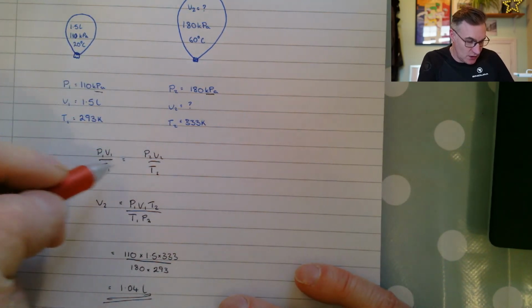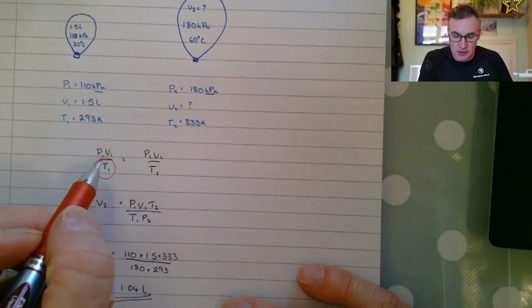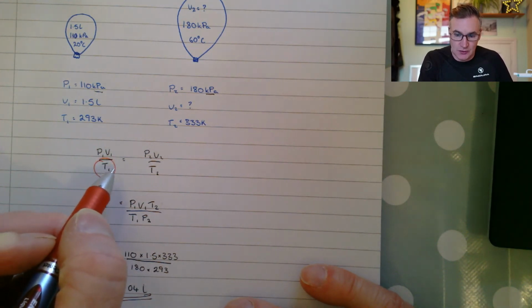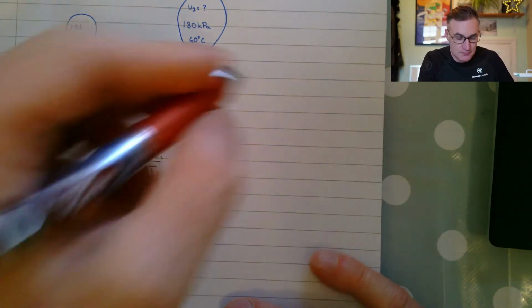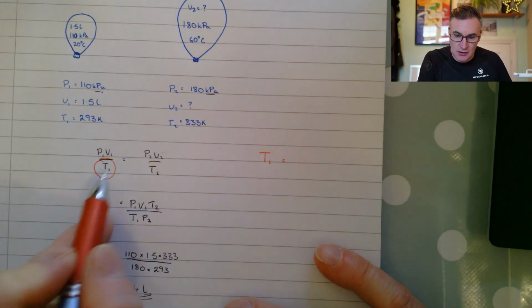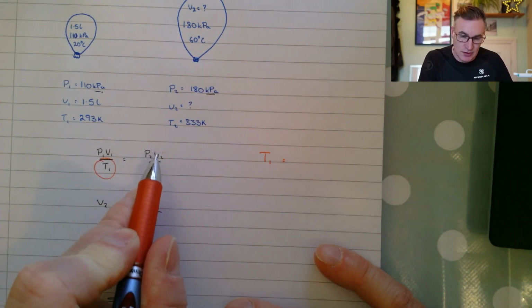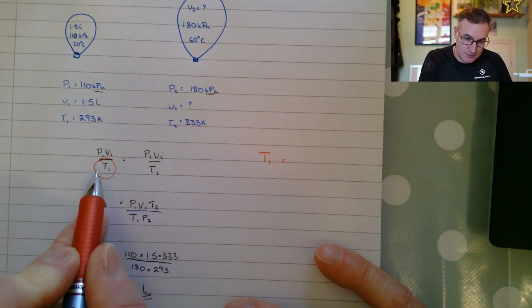But if we wanted to rearrange, say, for T1, remember it needs to be on its own and on the top. So we bring T1 up there. T1 is now on its own, but P2 V2 goes down.